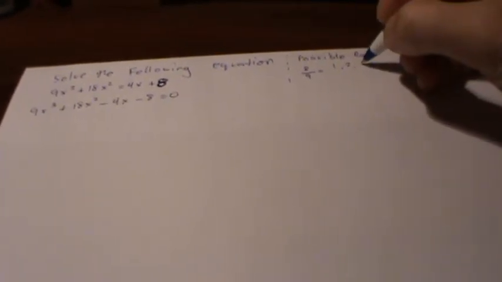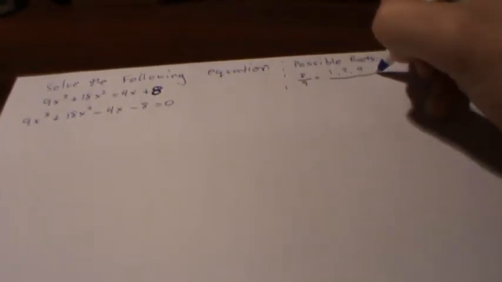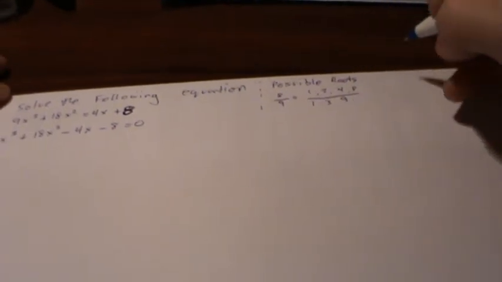8/9. Whoa, we're going to have some weird ones here. The factors for 8 are 1, 2, and 4. The factors for 9 are 1, 3, and 9.